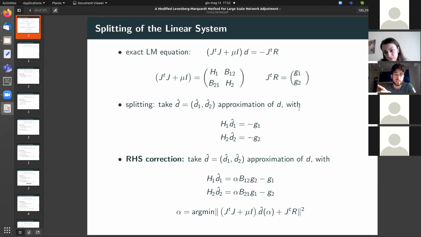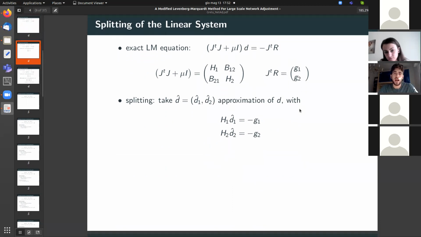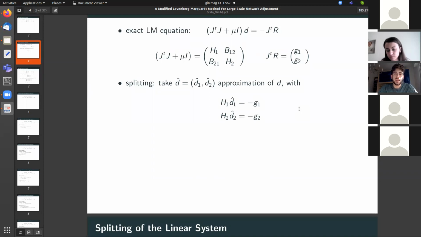Because you have a guideline from the numerical tests, a sort of guideline that you can use to choose the number of diagonal blocks at the beginning. But do you think that you could try to move to some strategies to do that, or it's just an experimental choice right now? But you mean to do the splitting or to decide the number of subproblems that we split into? No, the original splitting.